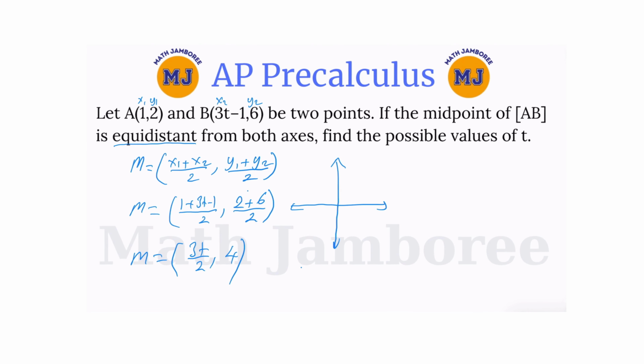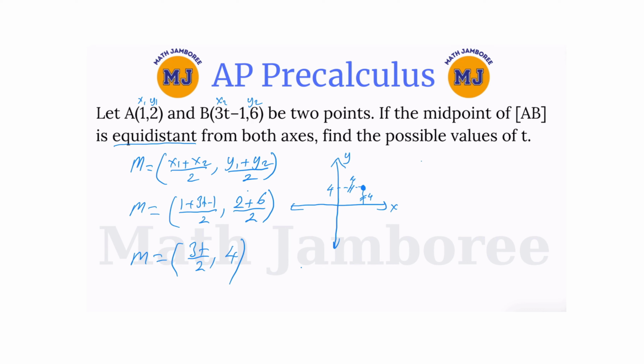We don't know what it is, but the y value is 4. This is for sure the value is 4. If this point is equidistant from the y-axis and the x-axis, what does that mean? This length is 4. This comes from the y value, and this comes from the x-axis. So this should also be 4, right?